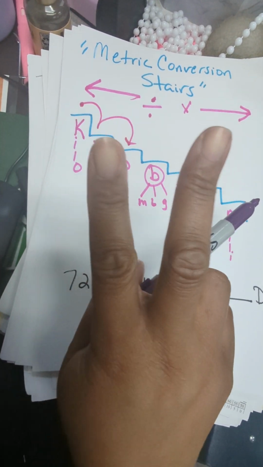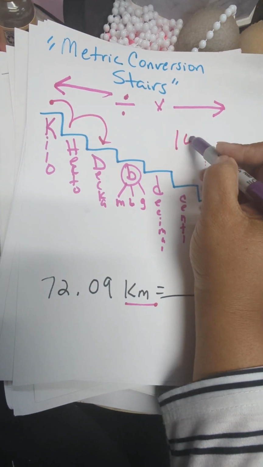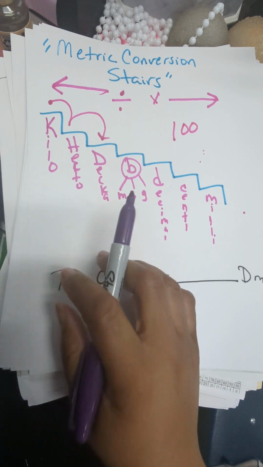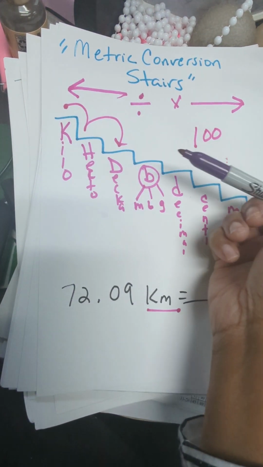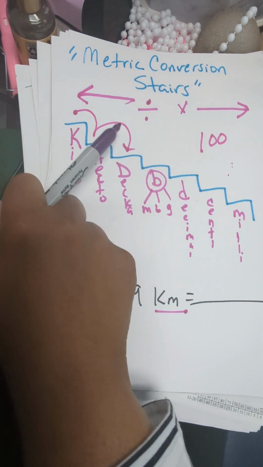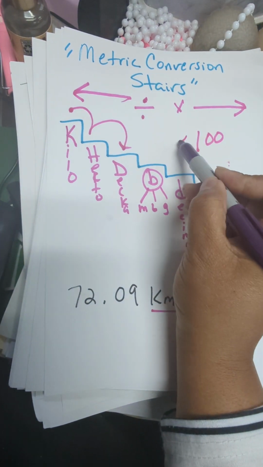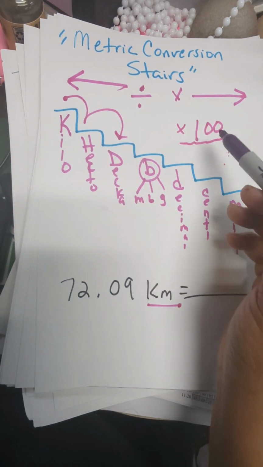We did 2 jumps, which means we're going to multiply or divide by a power of 10 that has 2 zeros behind it, okay? Now the question is, are we multiplying or dividing? Did we jump this way or did we jump this way? So we started at kilo and we jumped down to deca, which means we multiply. So we know we're going to multiply our initial number by 100.